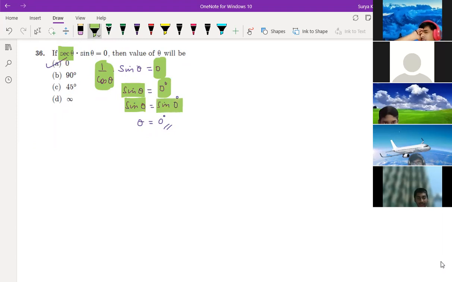Sin 0. So we are not writing cos only. But if you do cos theta here, it will not come. Cos theta will not come, right? And you can turn it into tan, and tan 0 equals 0. Then also you can get it. So tan theta is equal to 0, so theta is equal to 0 again.